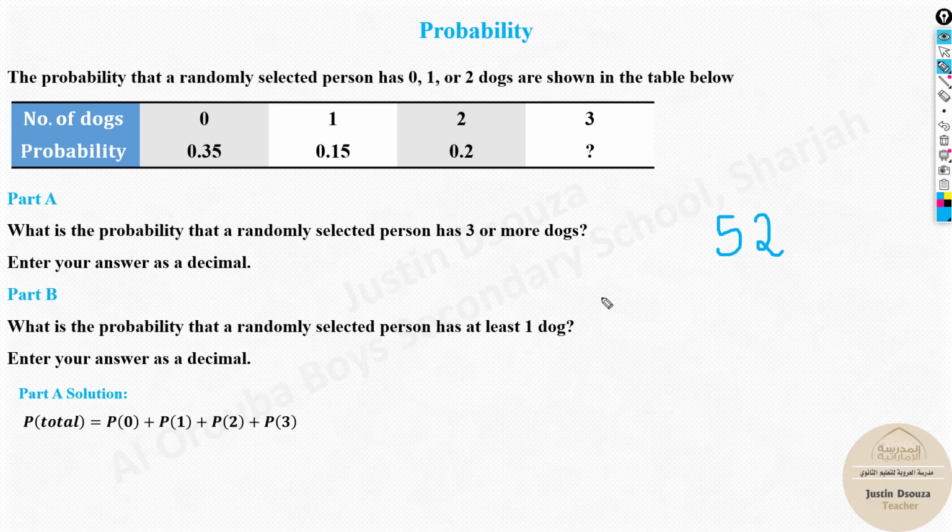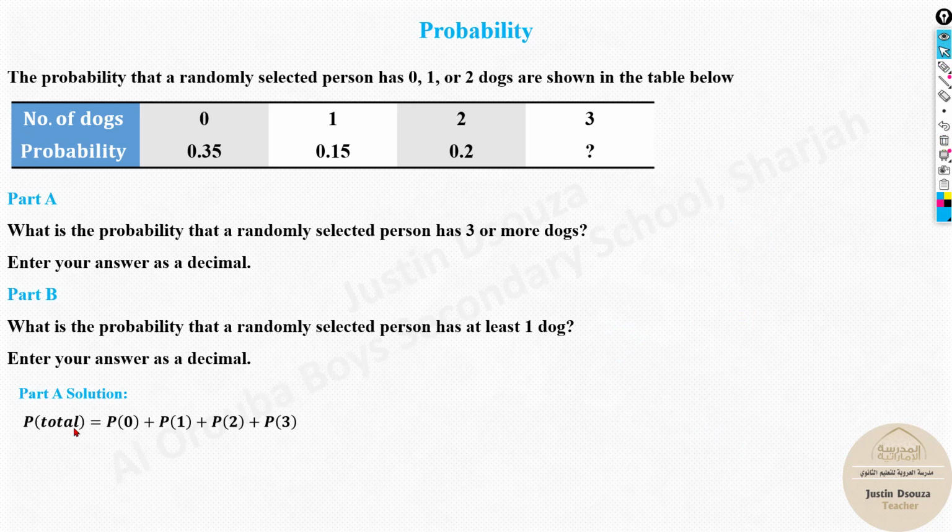One card will be picked no matter what. If I add up the probabilities of all the cards, each card has a very low probability of being picked, 1 by 52. The next card is again 1 by 52. I have to do it 52 times. Ultimately, I'll get 52 by 52, that is 1 or 100%. So whenever you add up all the values, the probability must be equal to 1.